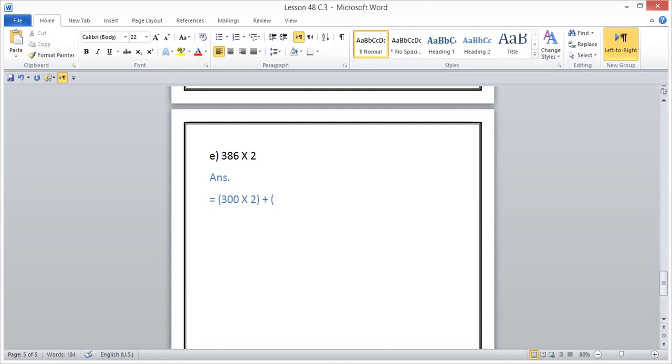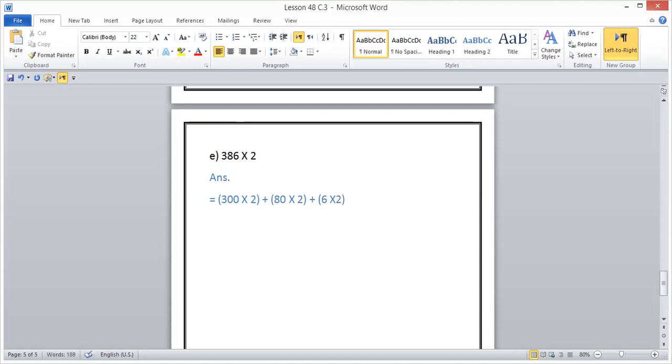What is the next number? Next number is 8. What is the value of 8? The value of 8 is 80, tens. Right? So multiply 80 by 2, then plus. This is 6. The value of 6 is also 6. So multiply 6 by 2 also.